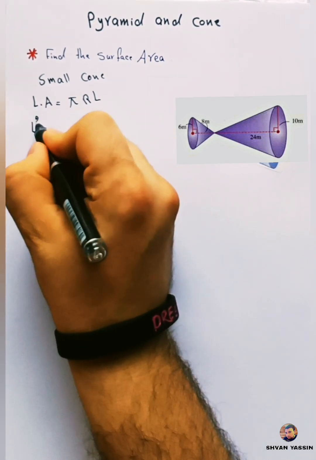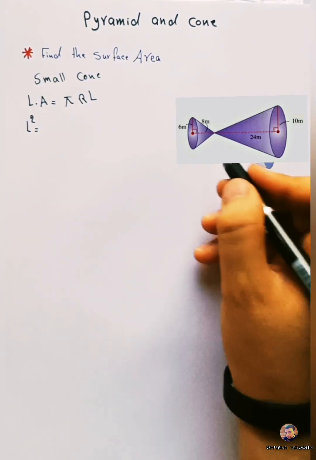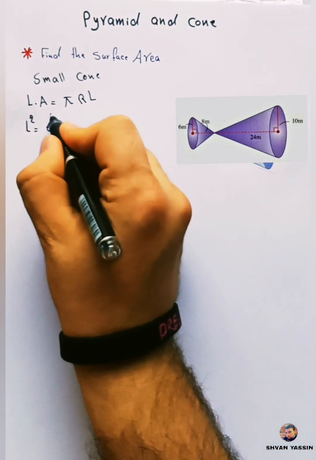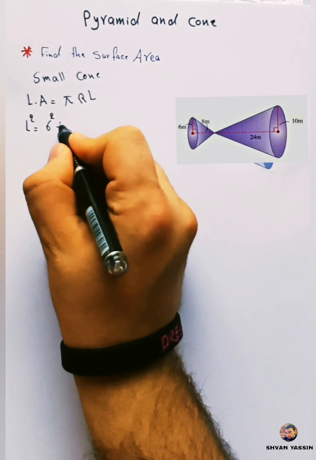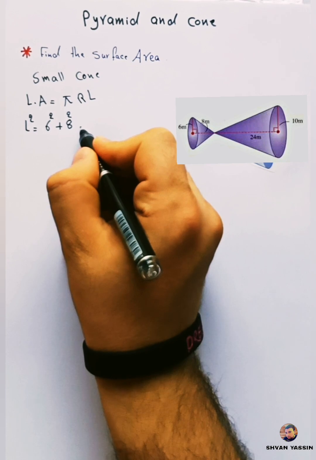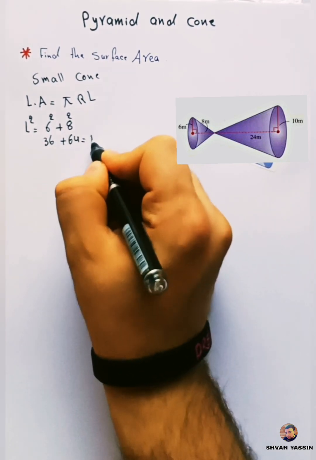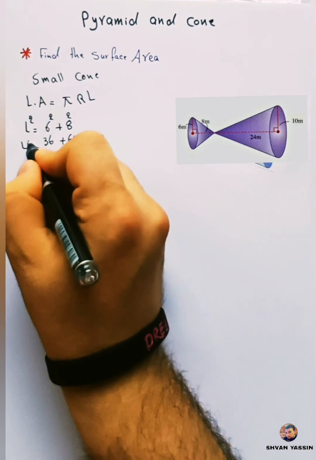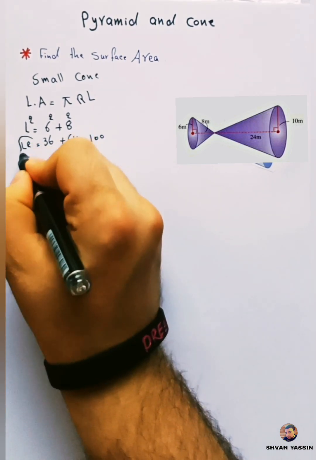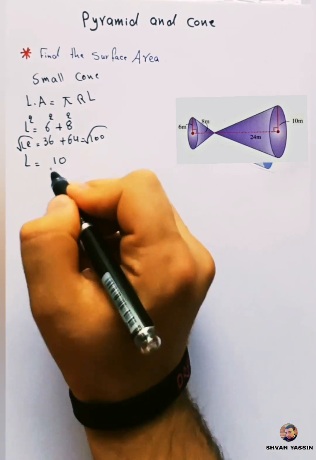So the slant height squared is equal to the short leg, 6 squared, plus the long leg, 8 squared. So 36 plus 64 equals 100. You have to take the square root of both sides, so L equals 10.